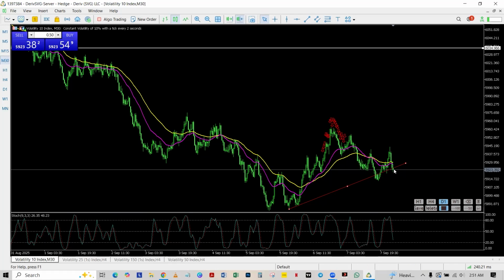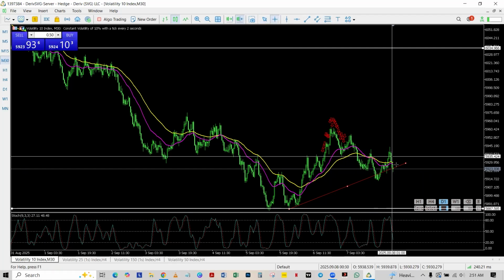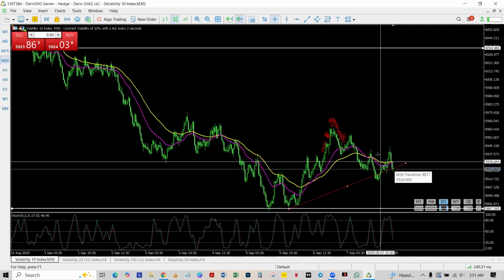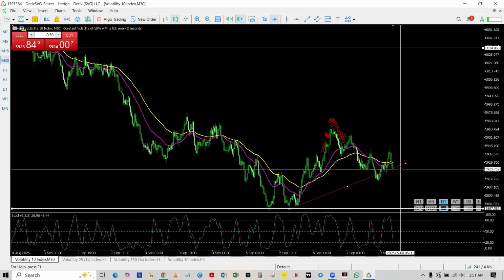So at this point, you can still place a very good sell, and our take profit is going to be this level here, which is 5887. So we're going to be entering the market from this level where it broke the counter trend line here and retested, and we can have our entry at this point.